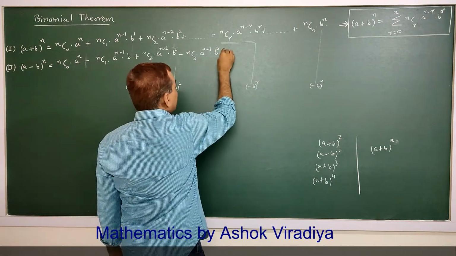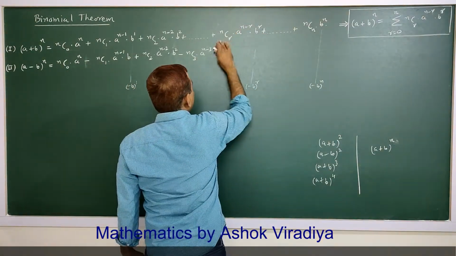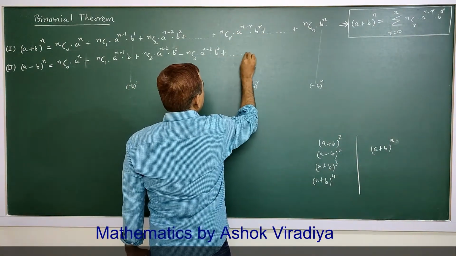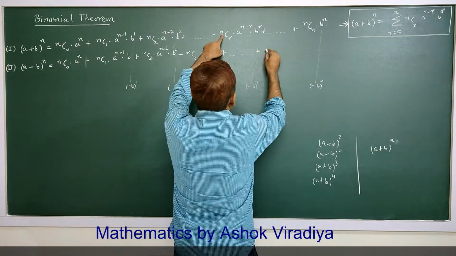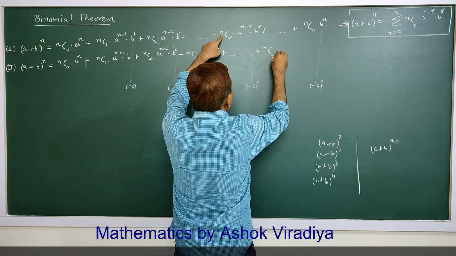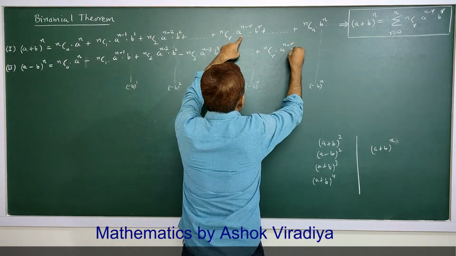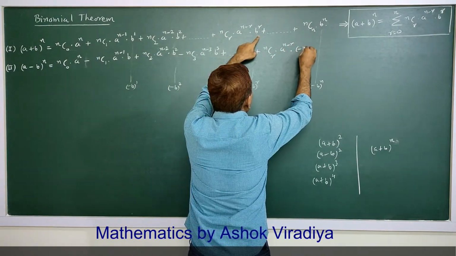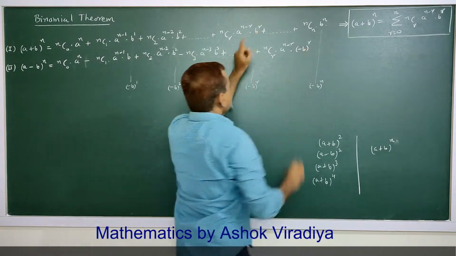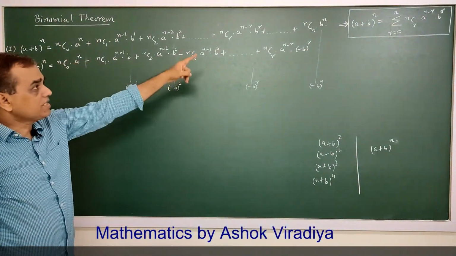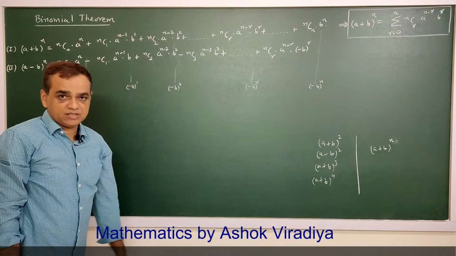In general, see what we are doing. The general term will be nCr a raised to n minus r, and here b is replaced by minus b.